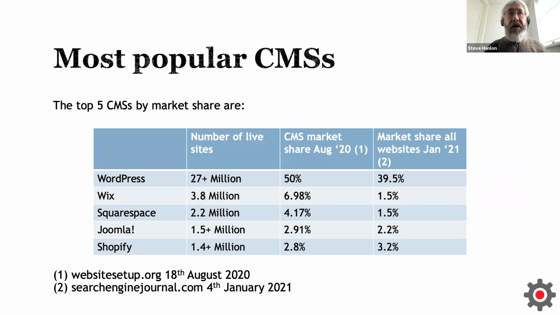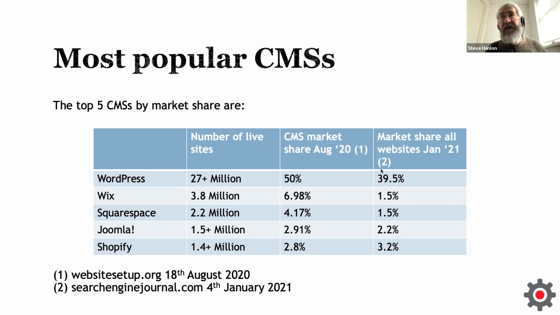And if we look at the most popular CMSs, I did this when I last looked at this back in January. In terms of CMS sites, if you go to a website and it's being controlled by a CMS, it's 50% likely, so you've got a 1 in 2 chance that it's being run by WordPress in the background.